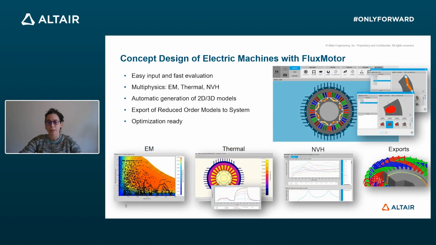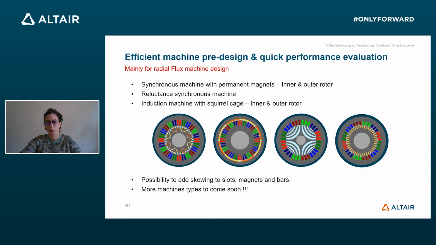FluxMotor is an e-motor concept design tool, as we say, that allows quick and easy multiphysics simulation of an electrical machine. It combines best practices of e-motor design in an intuitive environment and is optimization ready thanks to the quick and accurate computation. We can find the best solution in a short time. Altair FluxMotor is mainly for radial flux machine design, but is constantly evolving.